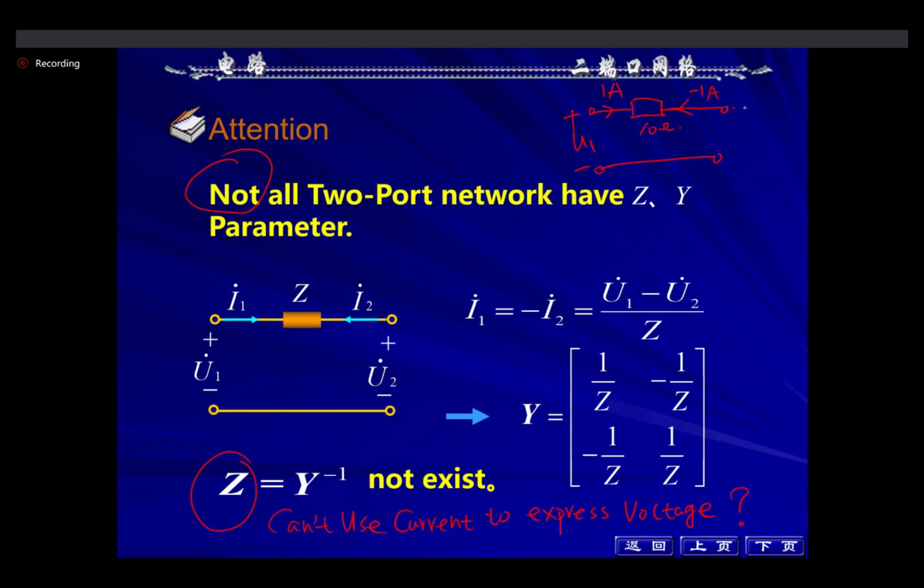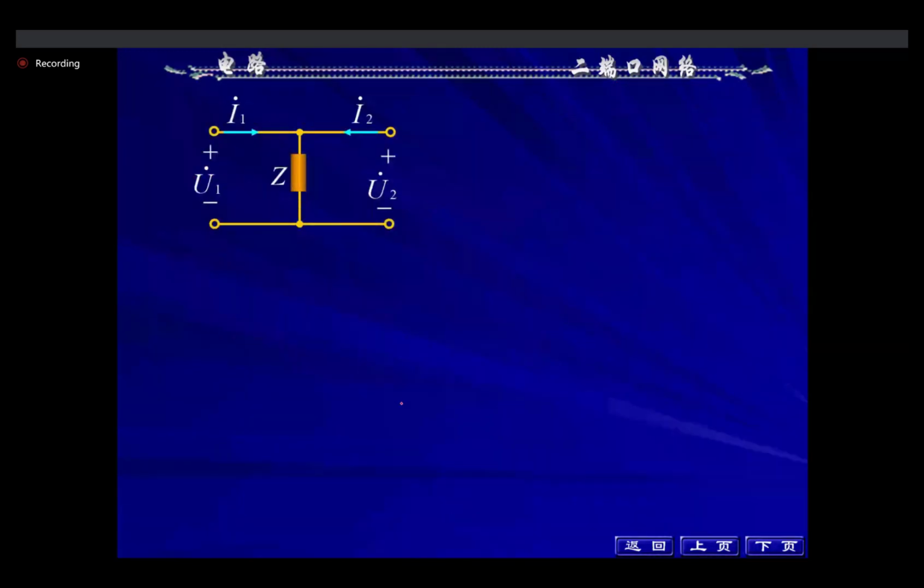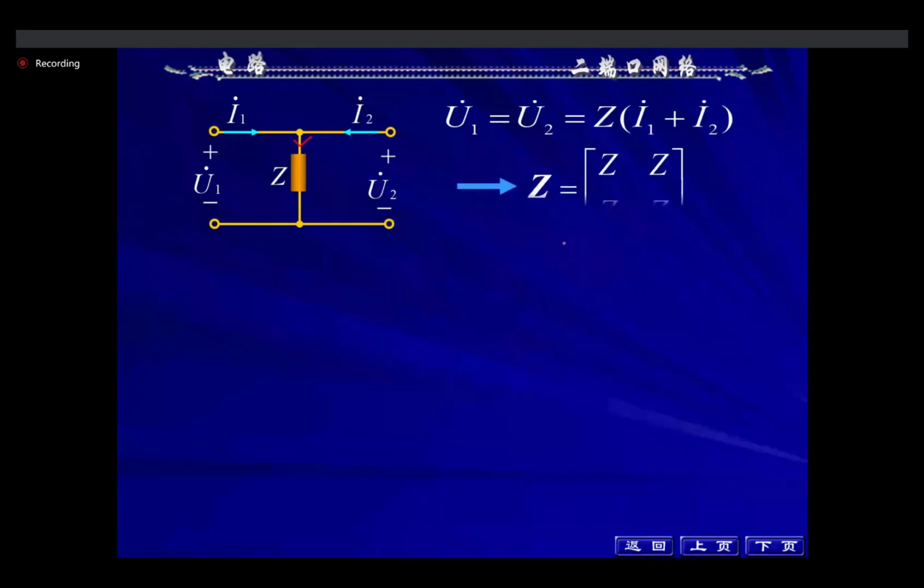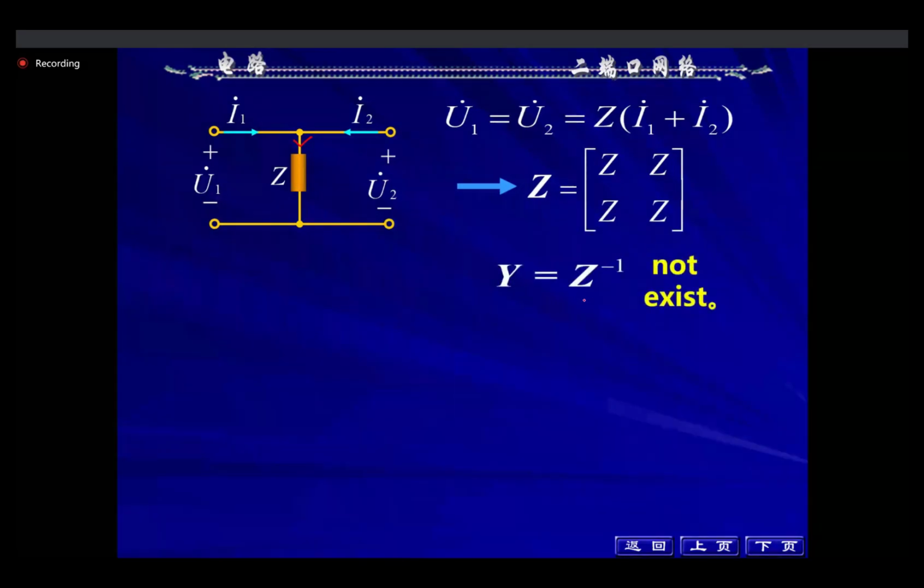This is U1, this is U2. Can you find U1 and U2 from this current? It's impossible. Tell you the current, you will not know the voltage. For this circuit, U1 equals U2 equals Z multiplied by I1 plus I2. So the Z parameter is simple, but the Z inverse does not exist.